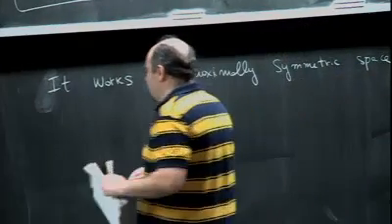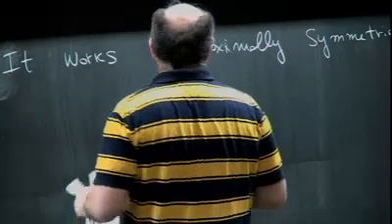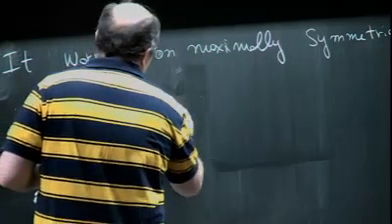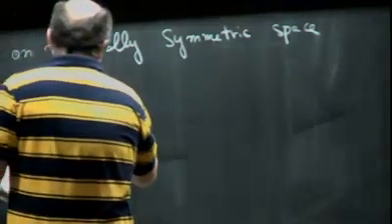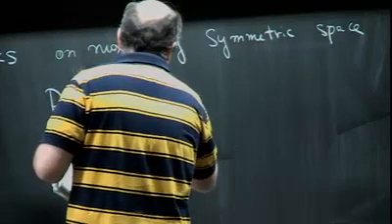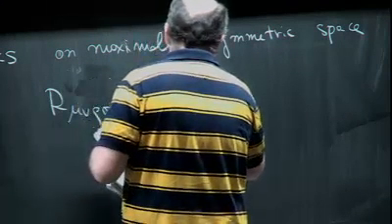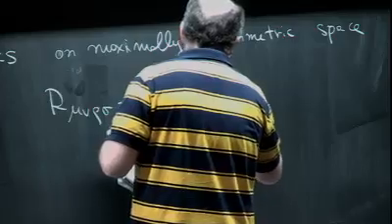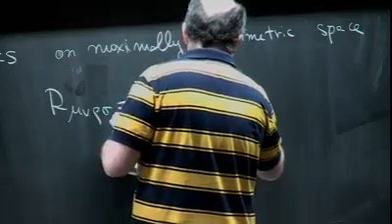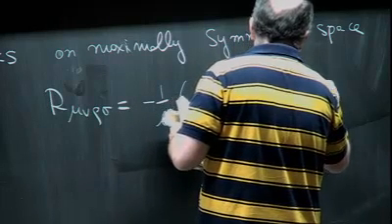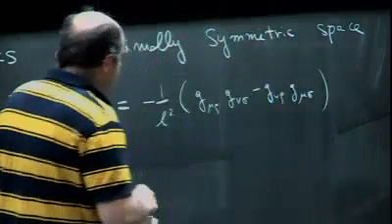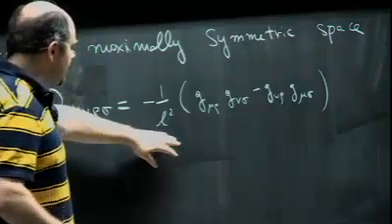So if we choose the background in which our spin-S field propagates to be maximally symmetric, then the Riemann tensor is written like this. It's related to products of the metric, where L would be the radius of the maximally symmetric space.